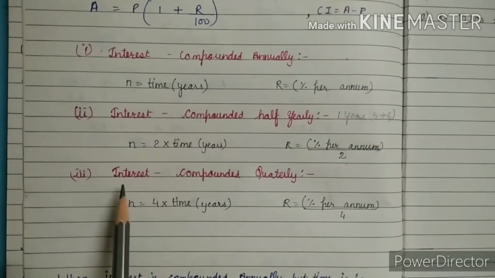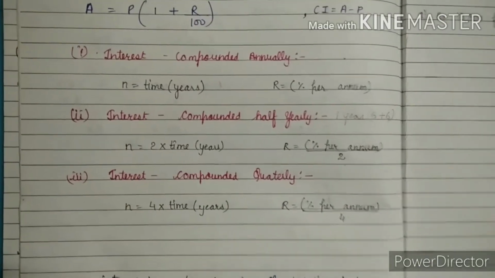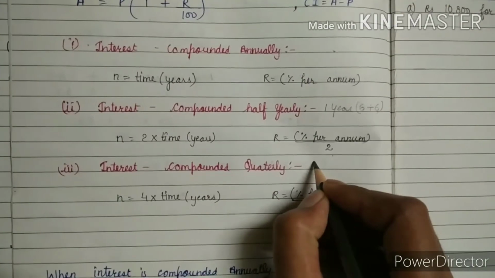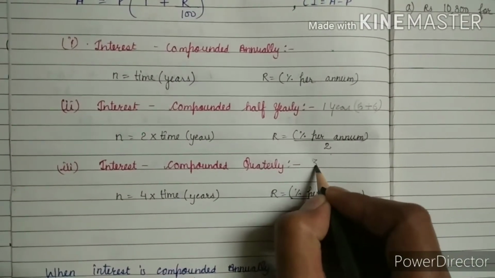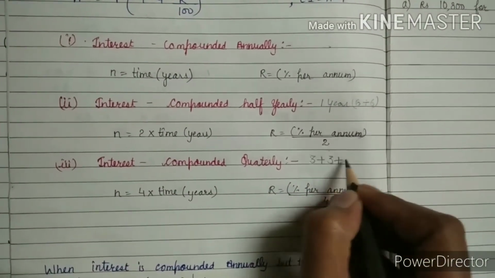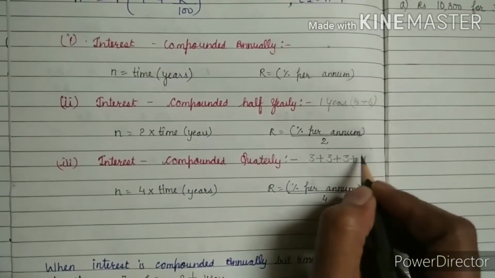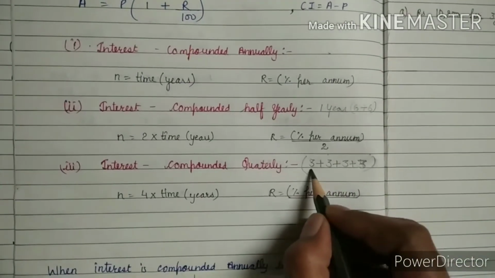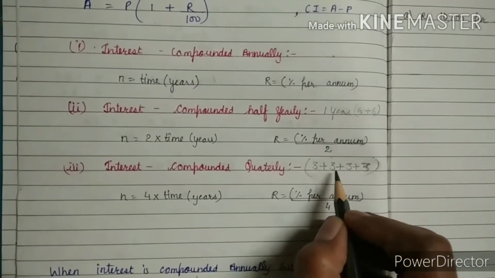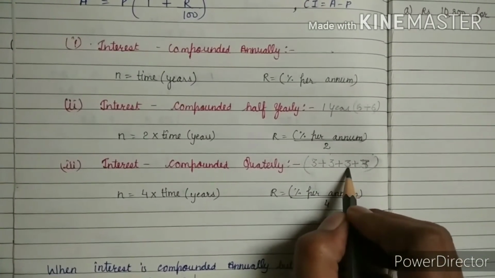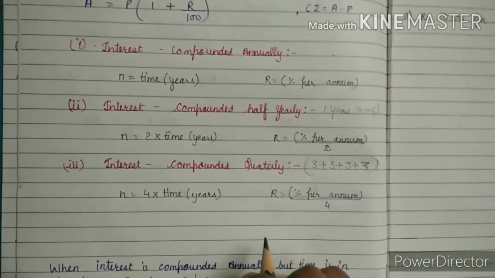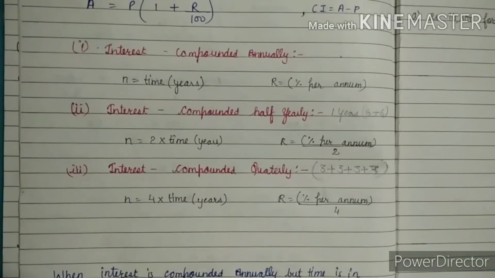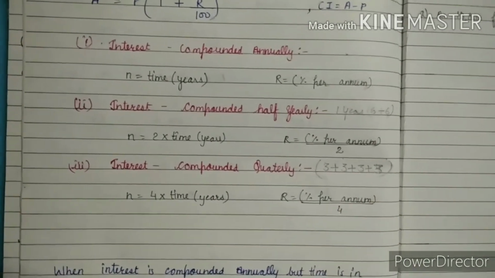The last case is interest compounded quarterly. Quarterly means a period of 3 months. In 1 year there are 4 such periods: January to March, April to June, July to September, and October to December. These are 4 sets of 3 months.